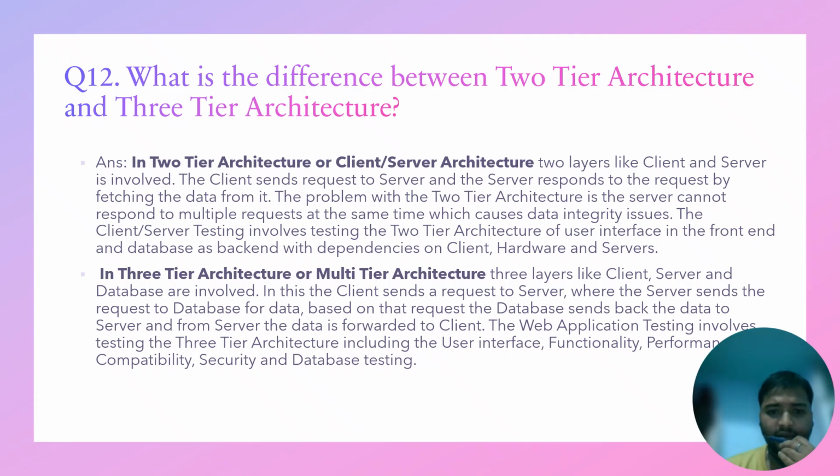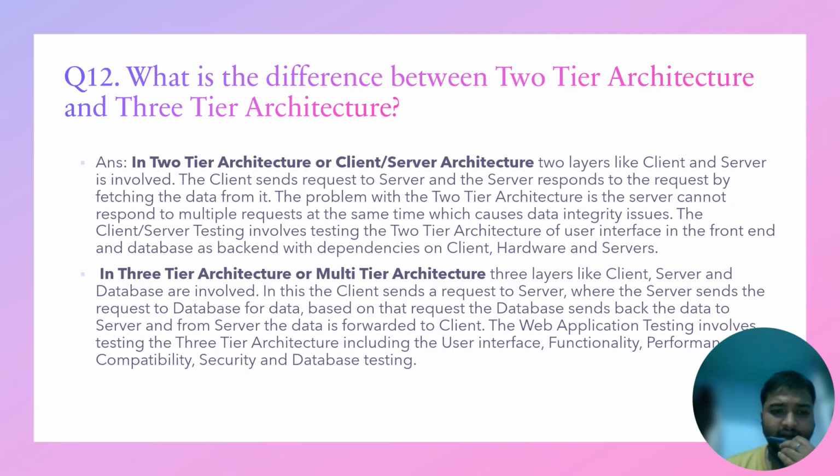The problem with two-tier architecture is that the server can't respond to multiple requests at the same time, which causes data integrity issues. Client-server testing involves testing the two-tier architecture: a user interface in the front end and a database in the back end, with dependency on client hardware and server.